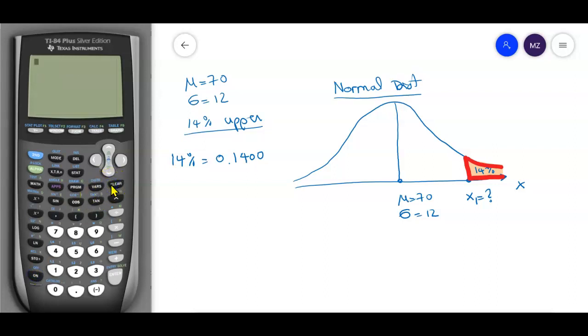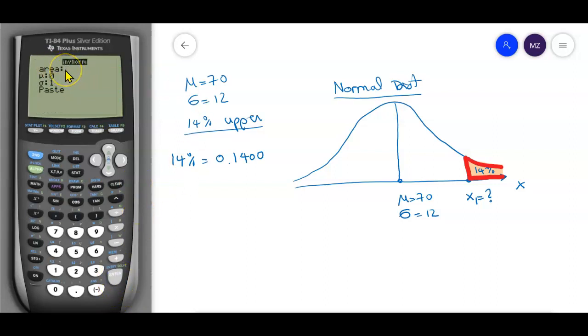Every time you are looking for a value x or z, you're going to use second, vars. You are in distributions, and you are going to use inverse normal, number 3. Number 3 gives you the values on the x, on the horizontal line, so either x, x bar, or the z value. They are all in inverse normal. You press enter, and it's asking you about the area.